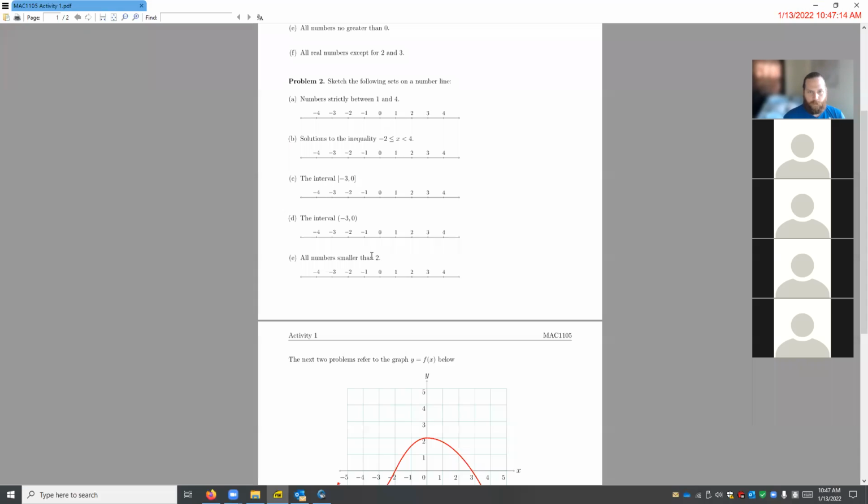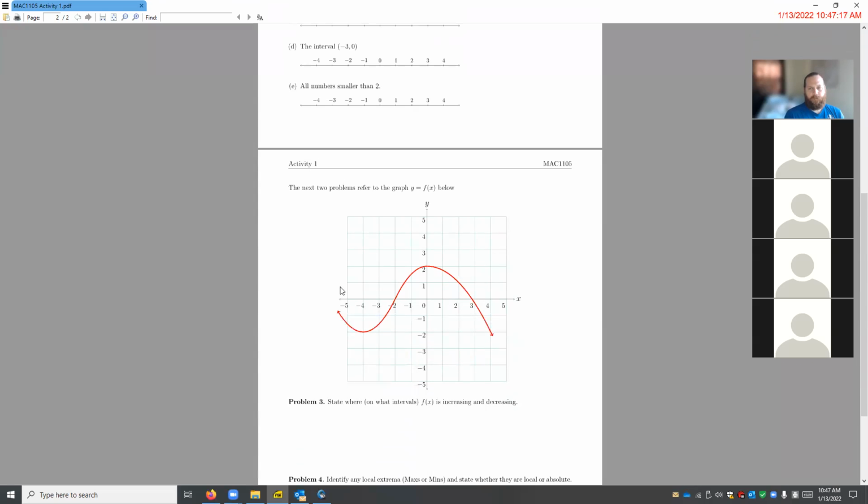Okay, I'm going to do just one more of these for you, please. If someone who I haven't talked to actually, tell me an interval on which this function is increasing. -4 to 2. Let's see. So the interval from -4 to 2 would be all the way up to here. Or to 0, sorry.